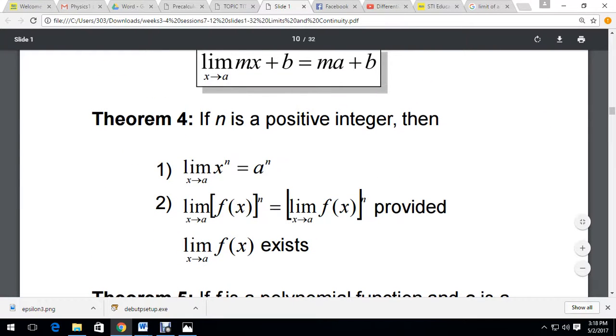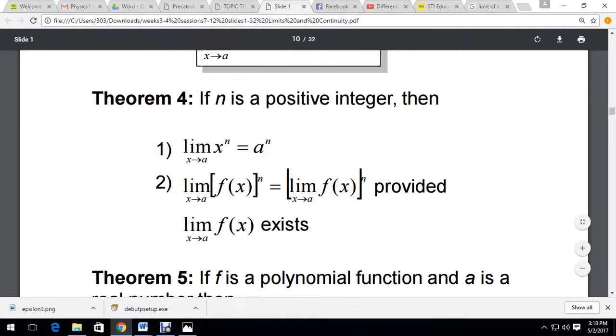Now, number 4, if n is a positive integer, then the limit of x raised to n as x approaches a is equal to a raised to n. Number 2, the limit of f of x raised to n as x approaches a is the same as the limit of f of x as x approaches a, raised to n, provided that, of course, the limit of f of x exists.